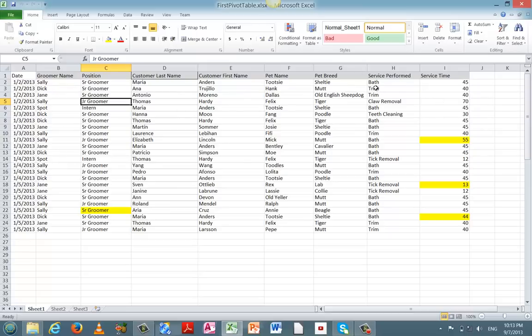Likewise, we might want to have a service structure and indicate that bath is taking 45 minutes, and do that one time. And then anytime we have a bath, we don't have to continue to indicate that it takes 45 minutes.